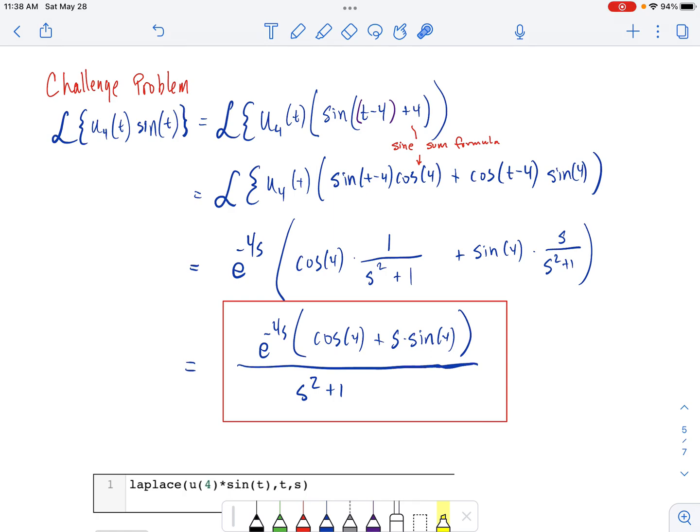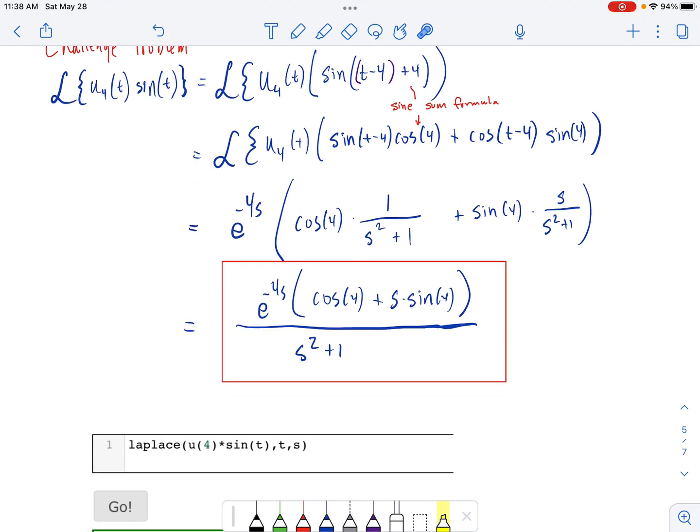So in order to find the Laplace of this, let's use our sine sum formula, which remember from trig, sine of the first angle times cosine of the second plus cosine of the first angle times sine of the second. And these two terms, the cosine of 4 and the sine of 4, is simply just a constant.